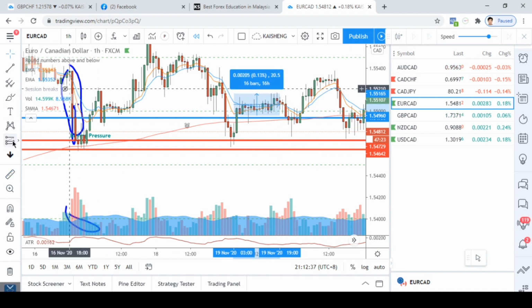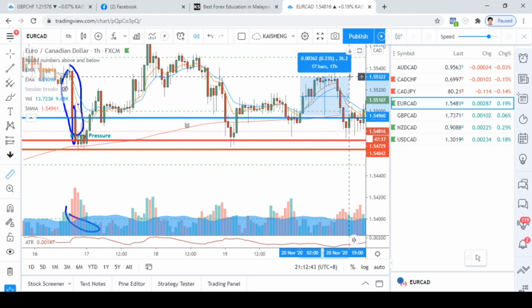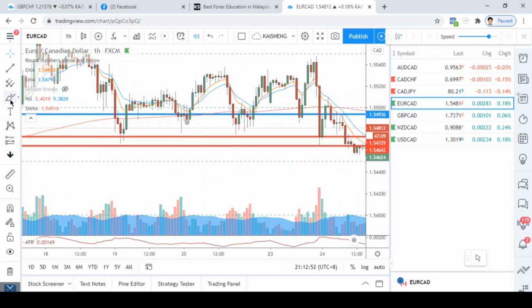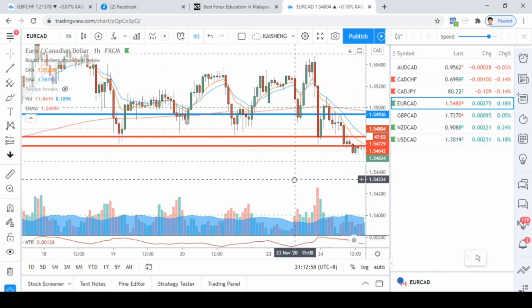Then when the price comes down, goes back to this level again, you can get about 36 pips to this supply level. From here again, you can get another 46 pips.